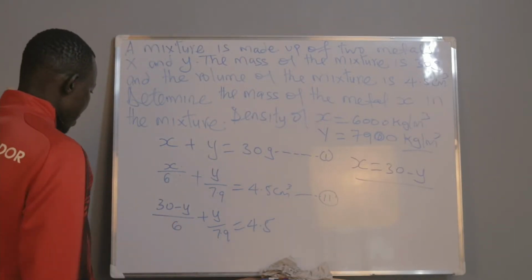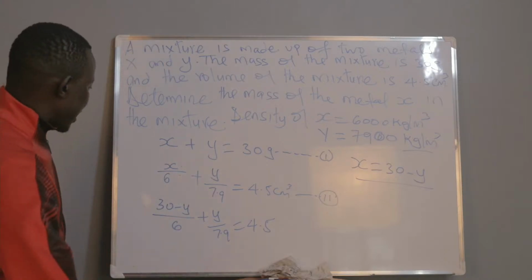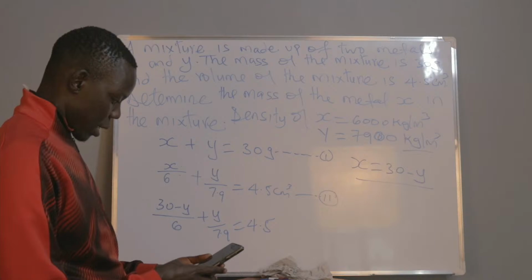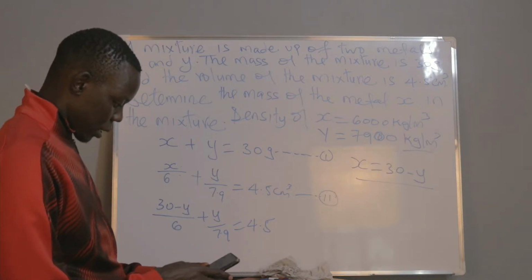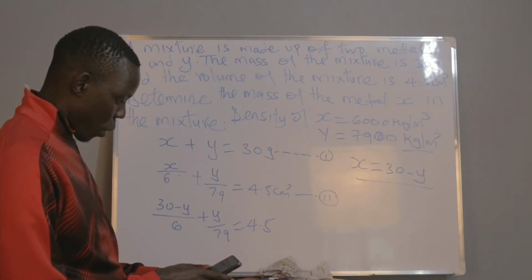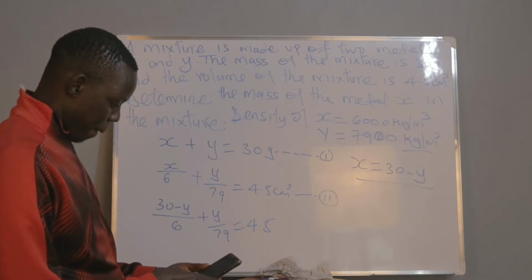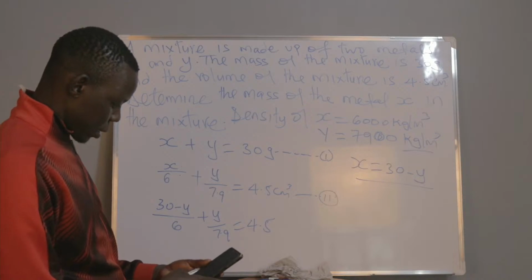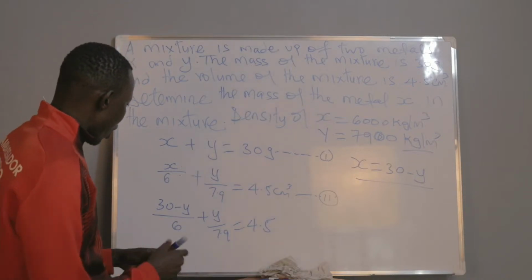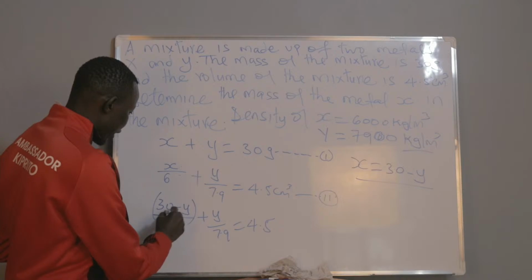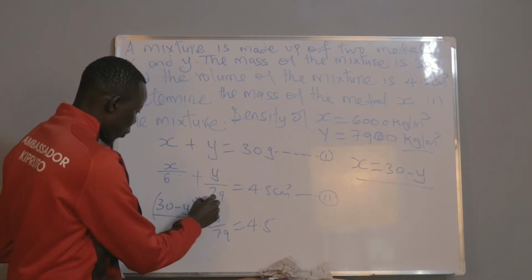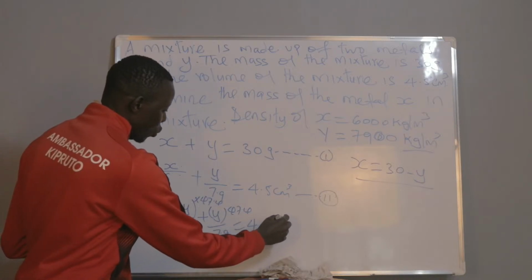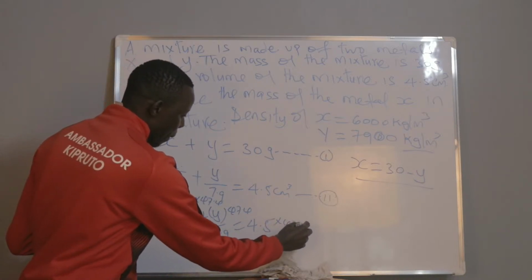I want us to multiply by the LCM of 7.9 and 6. What is it? I will just take the multiplication. 47.4. Madam, how much? 47.4. Good. Now multiply everywhere by 47.4.